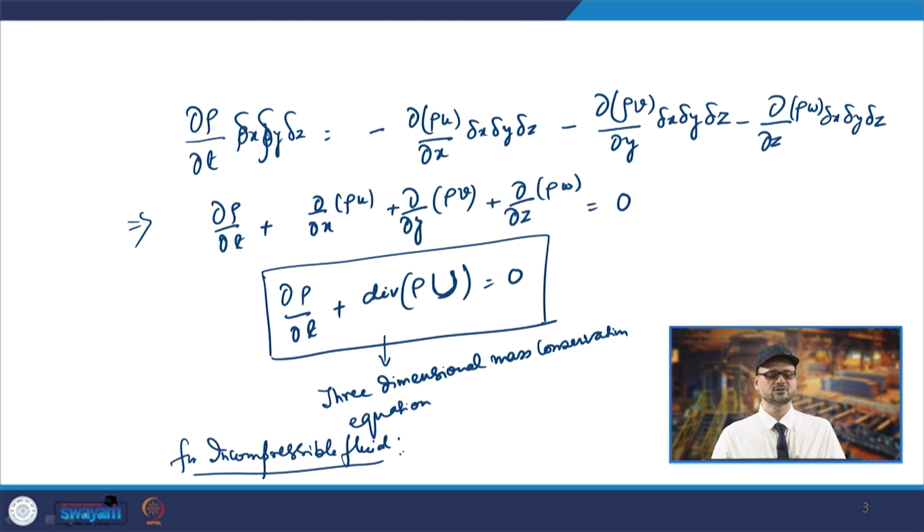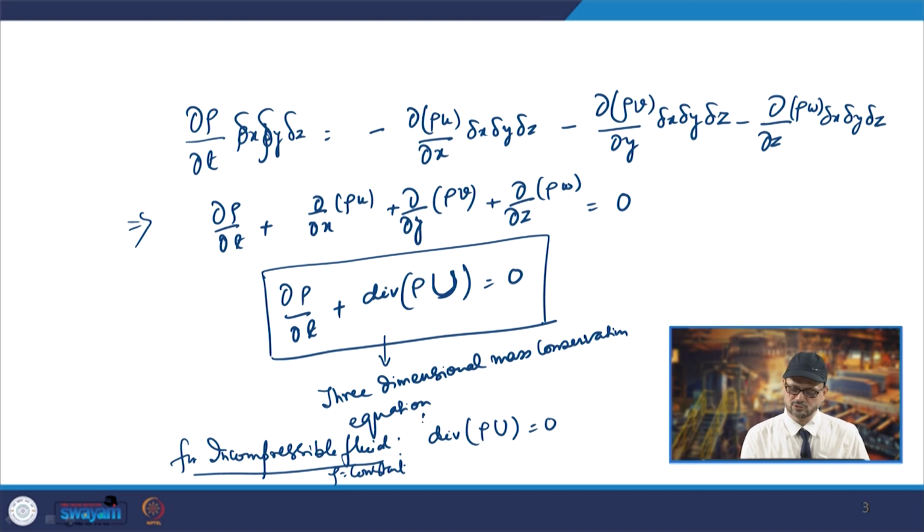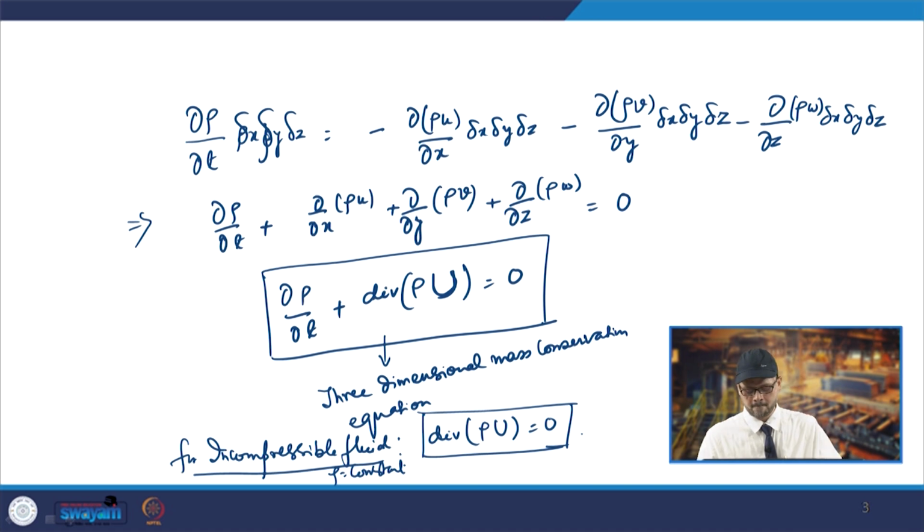So as ρ becomes constant, the term div of ρu equals 0, and ρ comes out.